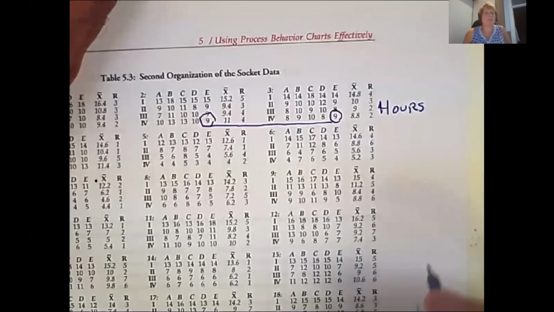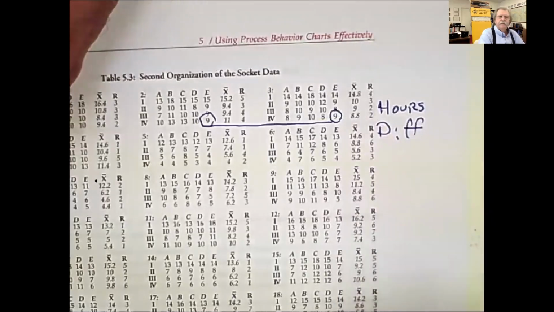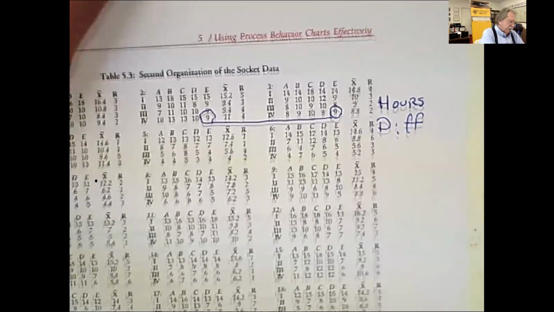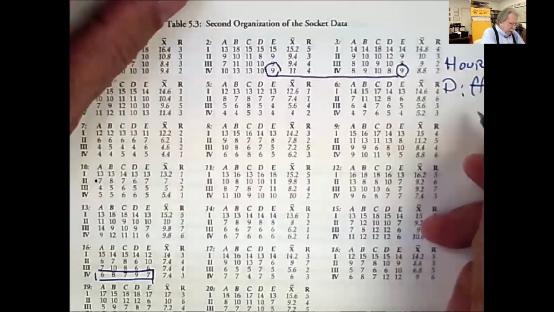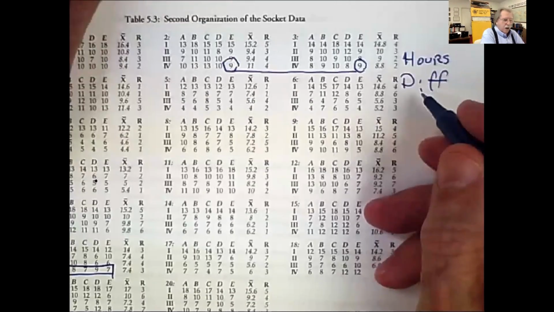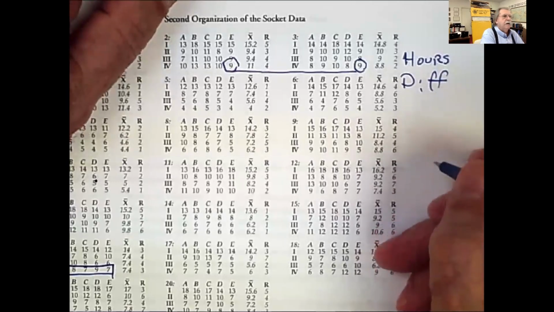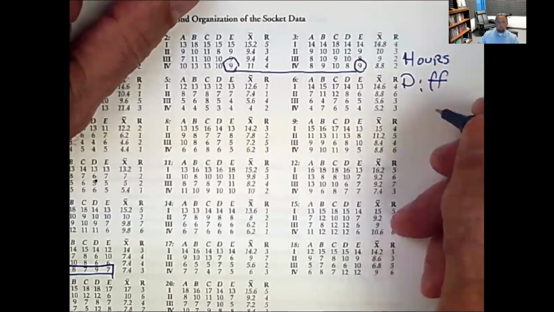Sorry, different subgroups. Subgroup is 5 values only, say. So my hour-to-hour differences are going to show up between or within the subgroups? Between.